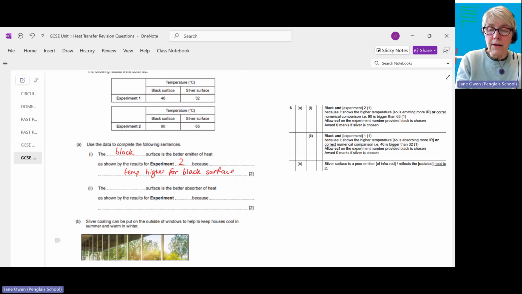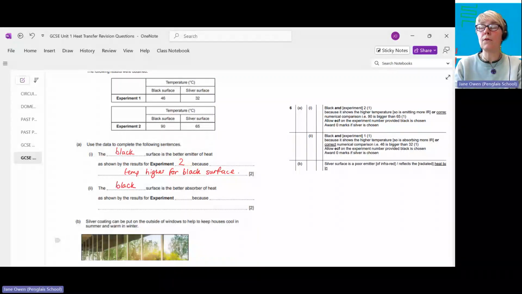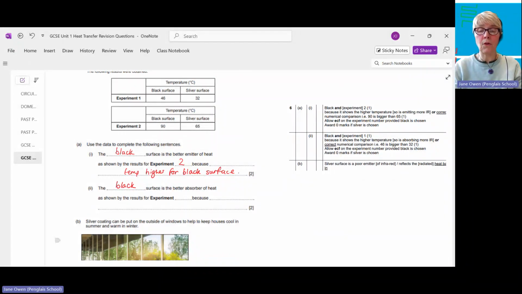Whereas the something surface is a better absorber. So again, don't get caught out. Black is not just a good absorber, but it's a good emitter. So the black surface is a better absorber, as shown by the results for experiment 1, because the temperature is higher for the black surface.